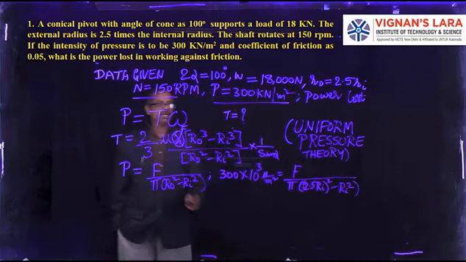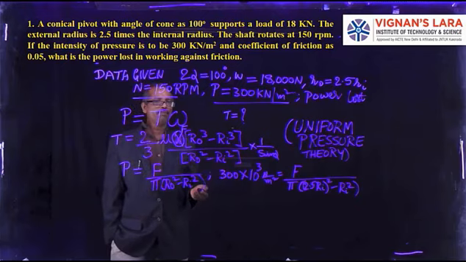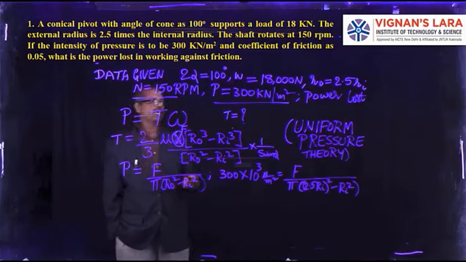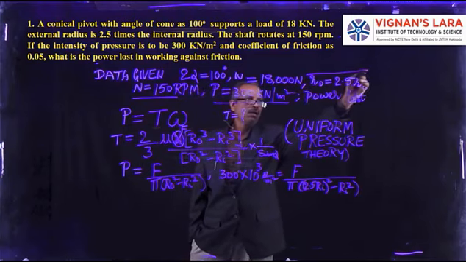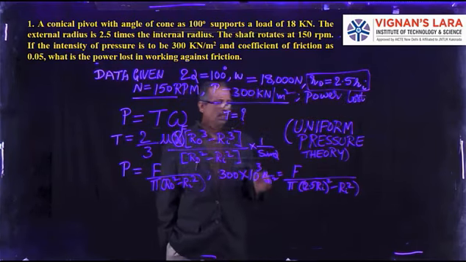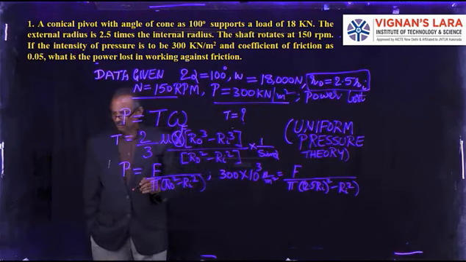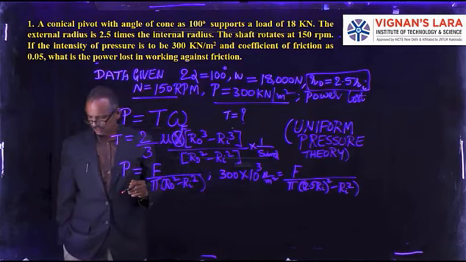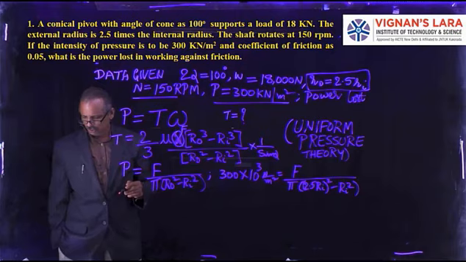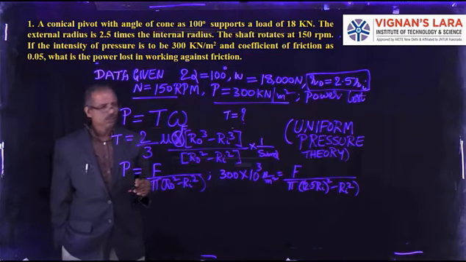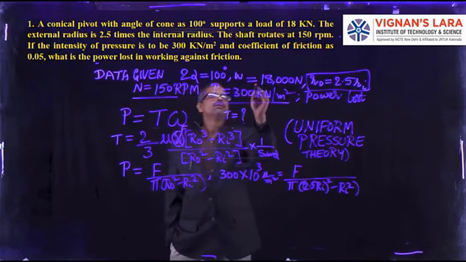So here, by writing the limiting pressure P, which is equal to F by pi into 2.5 Ri square, that is actually R0 square, and we have a relation between R0 and Ri. So I can write it as 2.5 Ri square minus Ri square. If I substitute in this equation, what is the force I have?